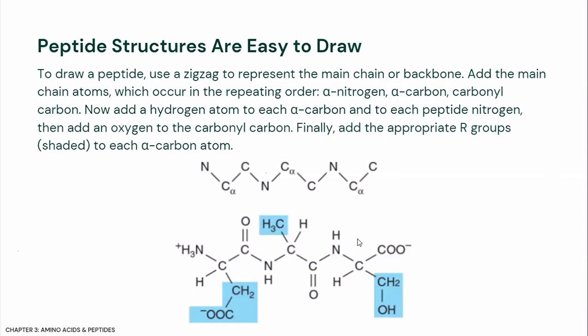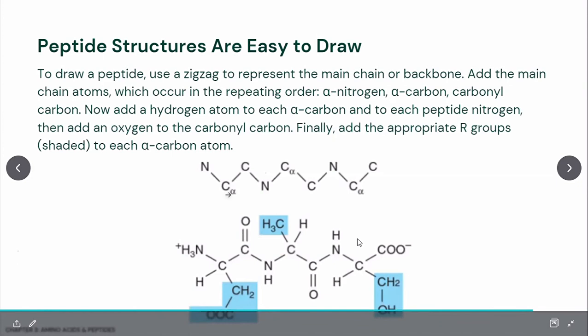All right, the peptide structures are easy to draw. You usually draw it this way, no? That's the alpha carbon. This is the carboxyl carbon. Then you have your amino group. You have alpha carbon, then carboxyl, then amino, then carboxyl. Now, see? That nitrogen is this nitrogen here.